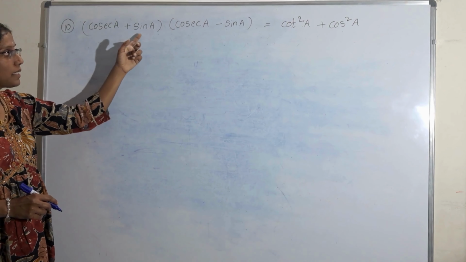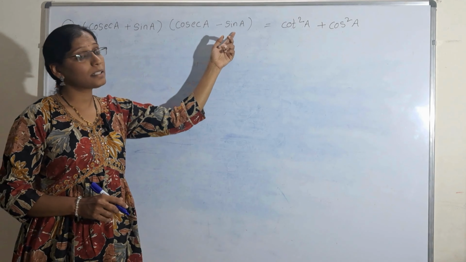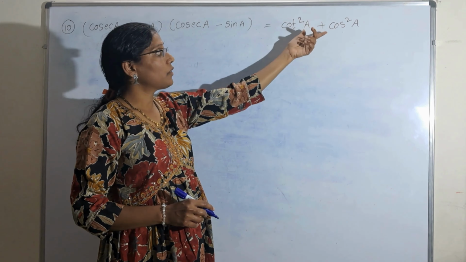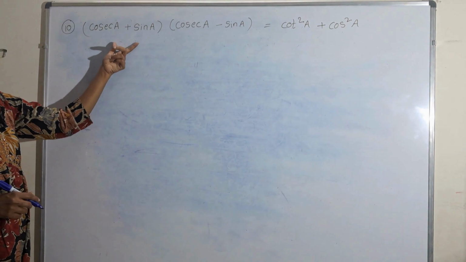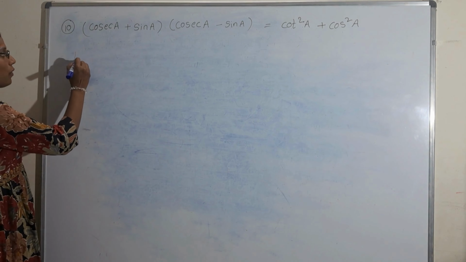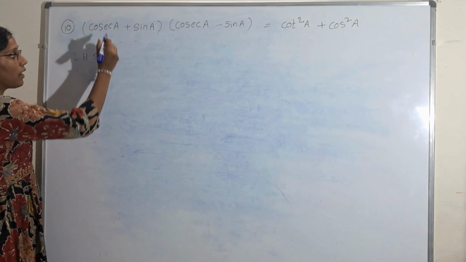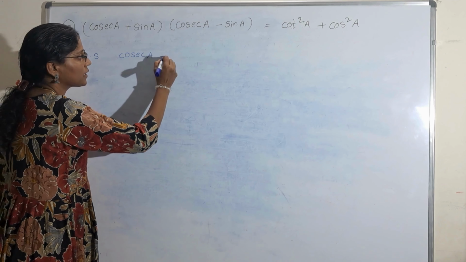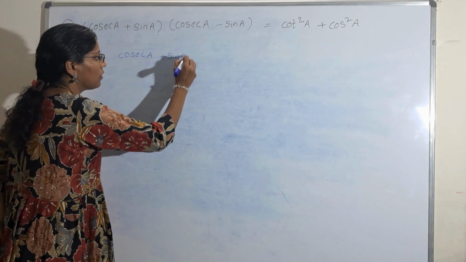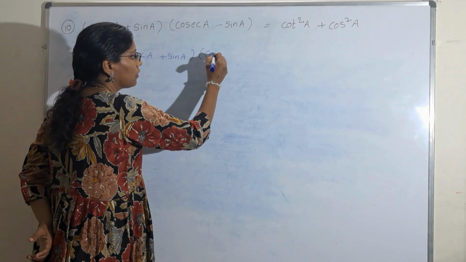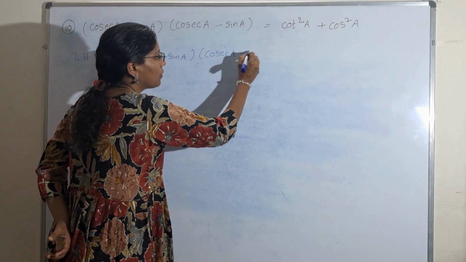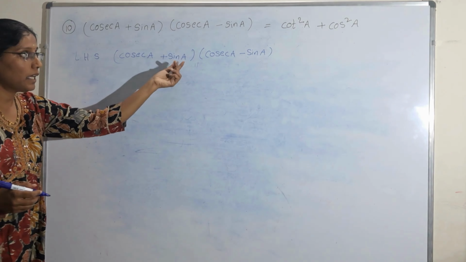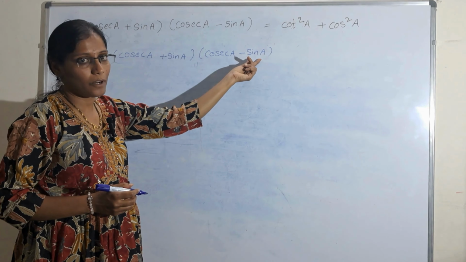Next problem is the 10th one. Here cosecant A plus sin A into cosecant A minus sin A is equal to cot square A plus cos square A. That we have to prove. Here we take LHS. We should observe LHS, what formula we can apply so that we can find RHS. Cosecant A plus sin A into cosecant A minus sin A. Here the A plus B into A minus B formula we can apply.